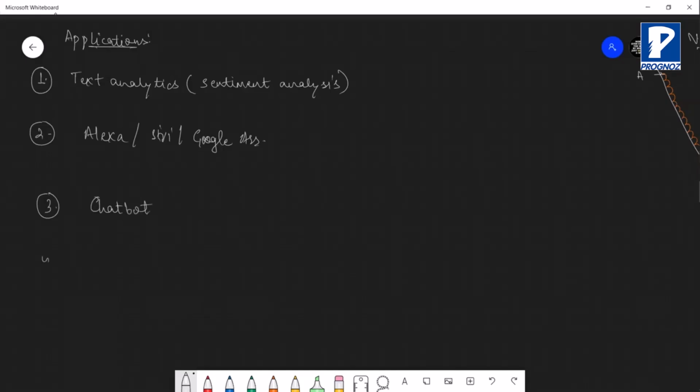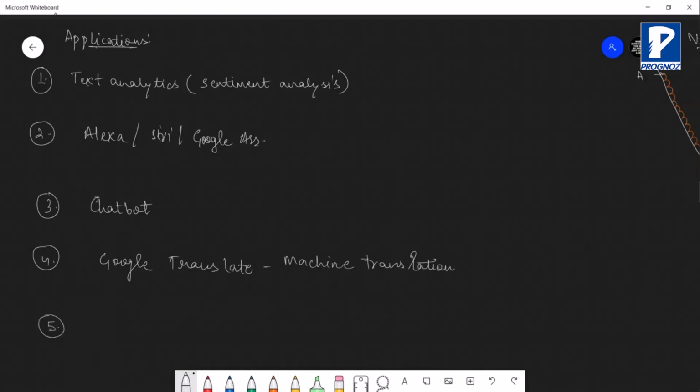Third application is your chatbot, very important nowadays, right? Then you have Google Translate, which basically uses the technique known as machine translation. Okay, it uses the concept of machine translation.